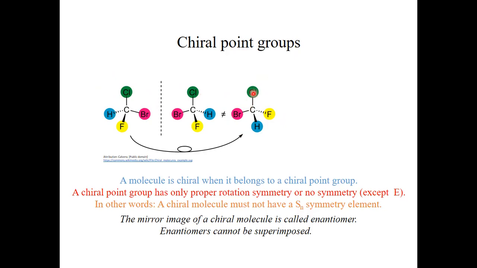Okay, so if you rotated this around this carbon chlorine bond, our fluorine here, which would originally point to the back, would now point to the front. Our hydrogen, which points to the front, would now point to the back, and our bromine, which was on the left, would now be on the right side.